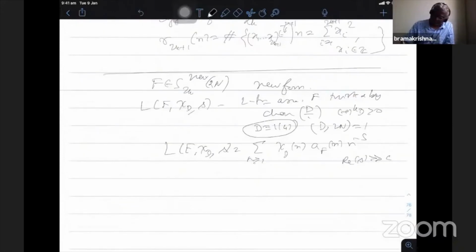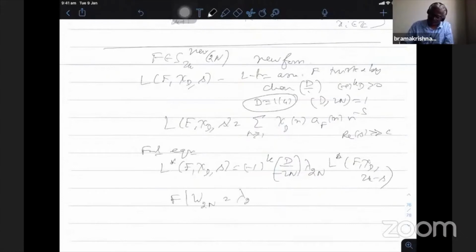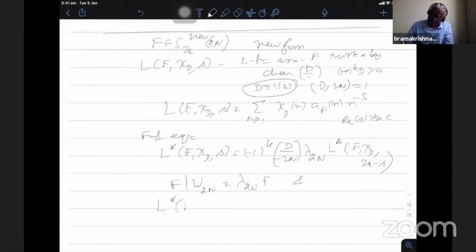It has a functional equation. Quickly we'll see that L*(F, χ_d, s) is (-1)^k (d/-2n) λ_2n L*(F, χ_d, 2k-s), where F|W_2n is λ_2n F, and L*(F, χ_d, s) is (2π)^(-s) (2n d^2)^(s/2) Γ(s) L(F, χ_d, s), where Γ(s) is the gamma factor.